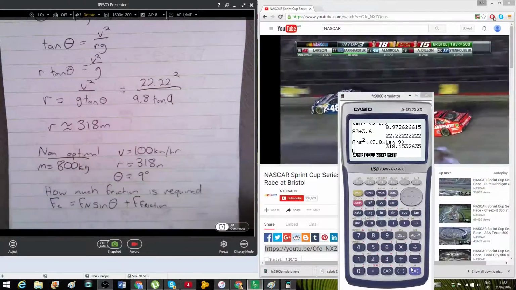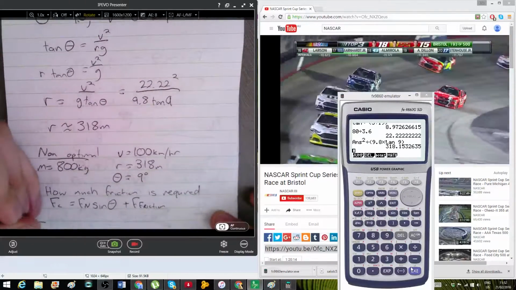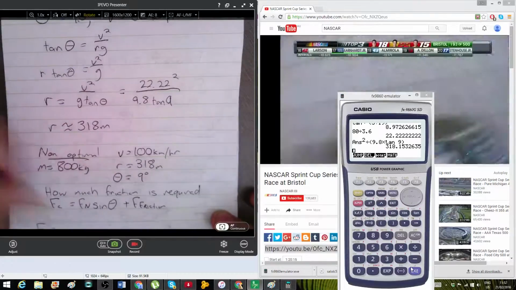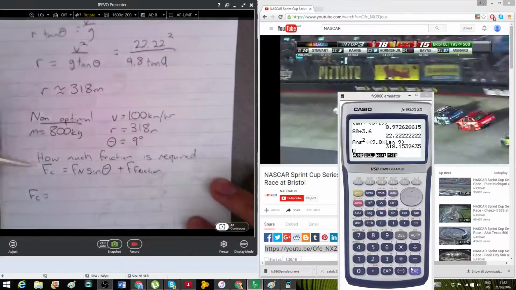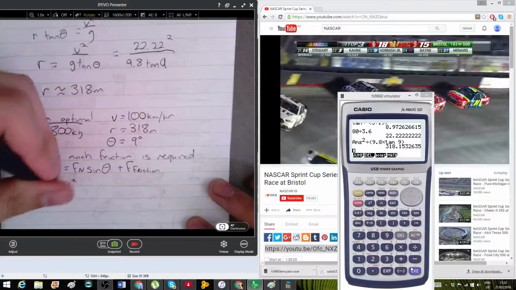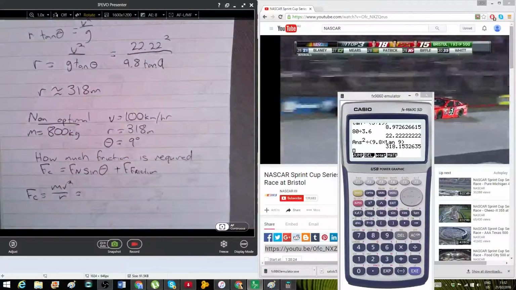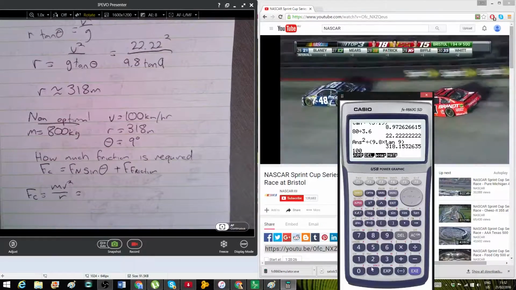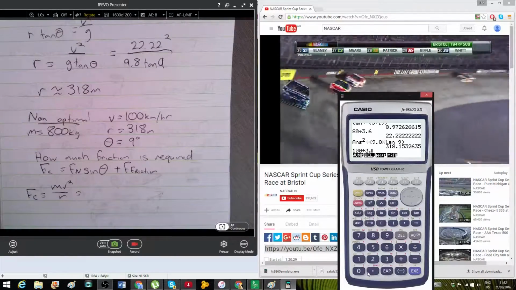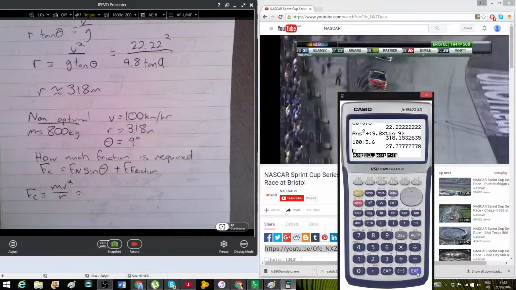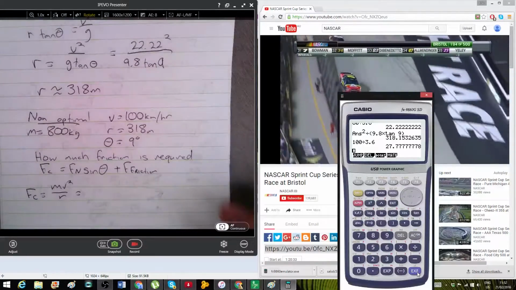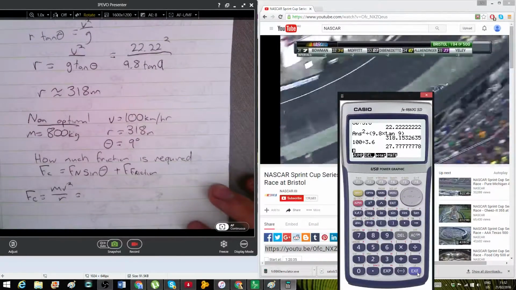All right, so first of all, let's solve for centrifugal. That's mv squared on r. Now we've got 100, so 100 divided by 3.6, 27.78. Let's go with that.